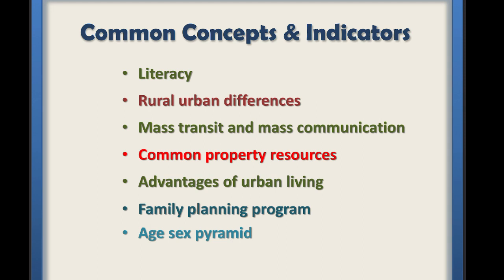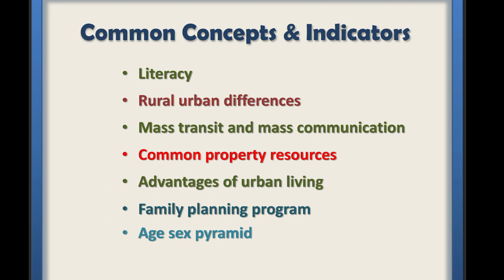Let's look at the rural-urban differences. The vast majority of our population has always lived in rural areas. According to the 2011 census, about 69% of the people lived in rural areas as opposed to 31% living in urban areas.